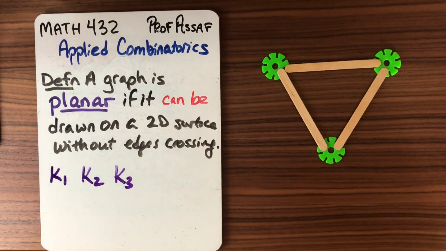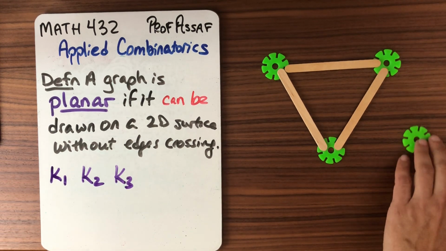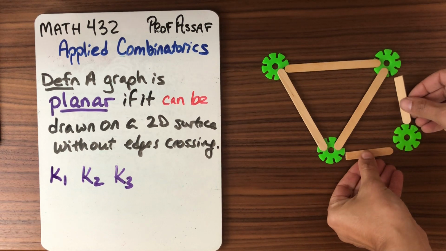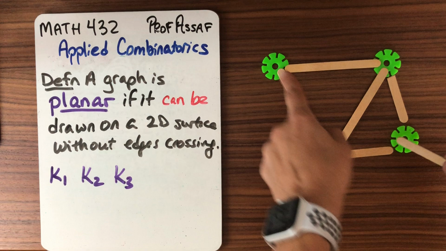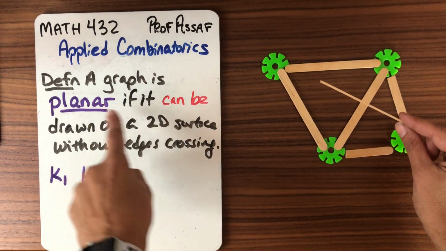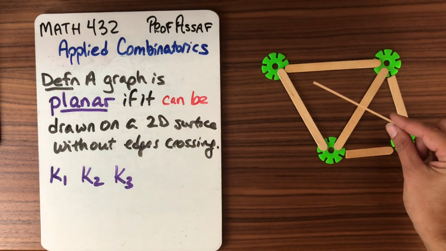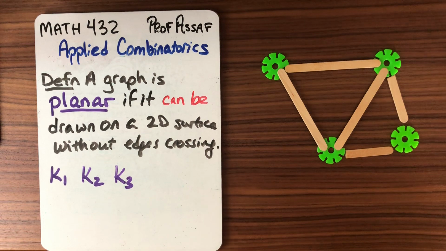What about K4? K4 means I get another vertex, and I have to connect it to all my other vertices, but now I have a bit of a problem, because how am I going to get over to here? I cross. Except a graph is planar if it can be drawn in a two-dimensional surface. This is the shortest way to go, but I don't have to go that way.